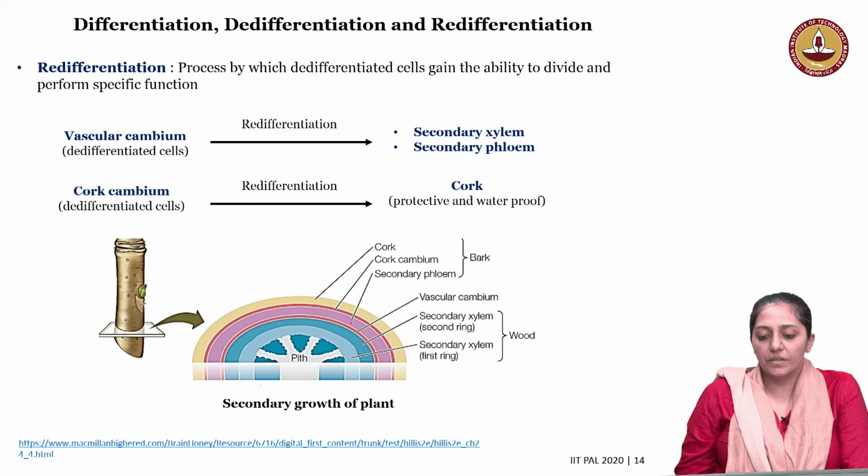You can see the picture here, the cork layer, which increases because of the cork cambium, and the secondary phloem and the secondary xylem, which increase due to the vascular cambium present, and they form the wood of the plant.